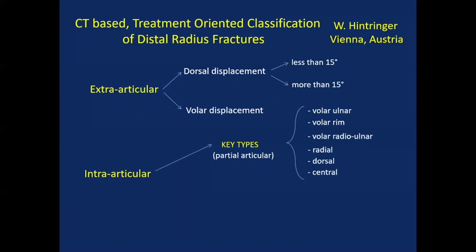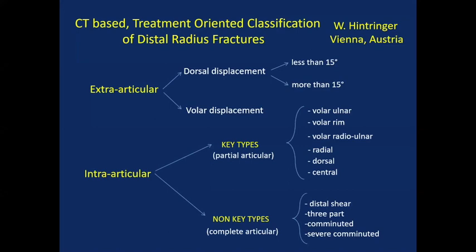I call these key types, and we have 6 different key types of partial articular. This would correspond to the B group of the AO classification.